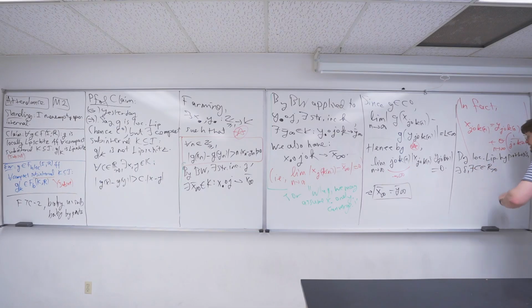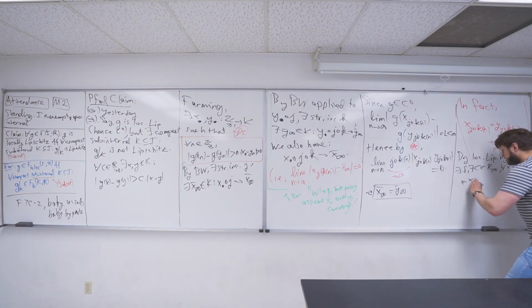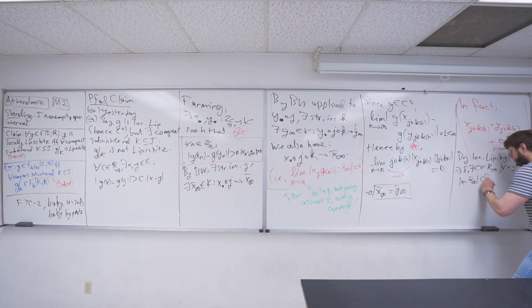There's a C such that for any x, y in I, if x is delta close and y is delta close to the same point, then |g(x) minus g(y)| is upper bounded by C times |x minus y|.